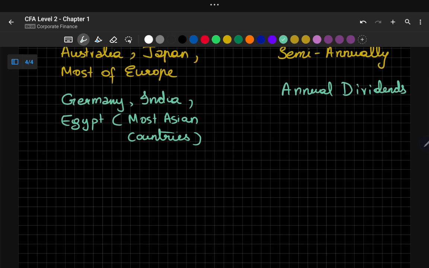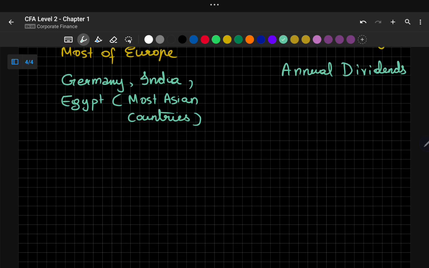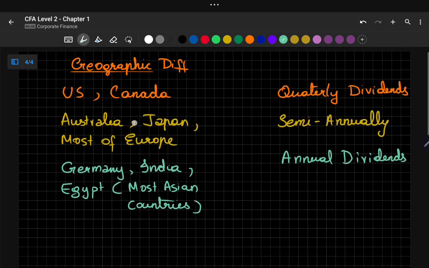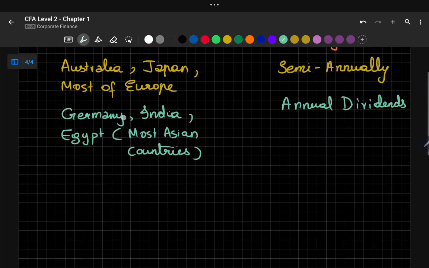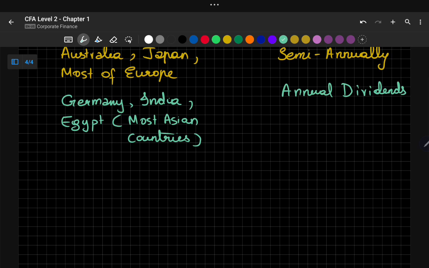Now, in the case of companies that pay regular cash dividends, one thing that companies strive to maintain is their regular payments, and not to go below what they used to pay as regular dividends.